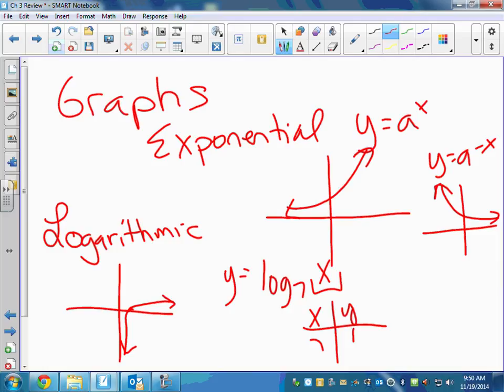X is your power, y is your exponent. I could pick 49, but I don't want to graph 49, so I'm going to pick 1, because log of 1 is the exponent of 0. And then I'm going to pick 1/7 because I know that's an exponent of -1. I could throw something here besides x, right? Like I could throw x minus 2, like the one on your paper that you can look over.